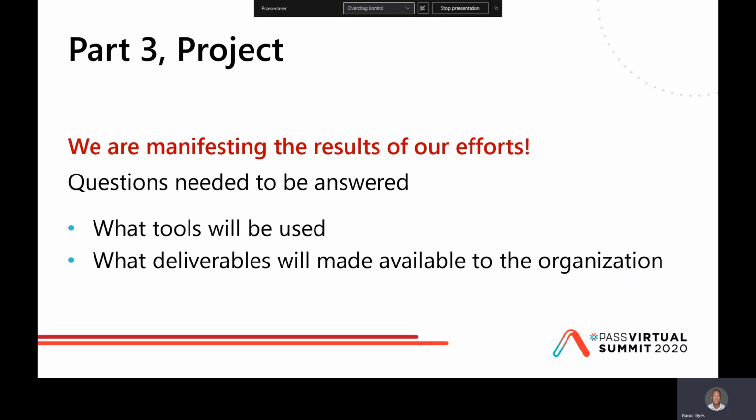Now, there are two things that are very important to have as part of your project, based on our experience: a well-defined scope of what tools are going to be involved for running that project, and also, equally important, what deliverables will be made available to the organization as part of that project, as part of the migration itself.